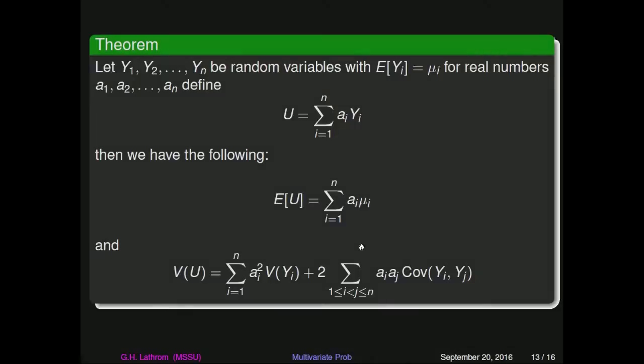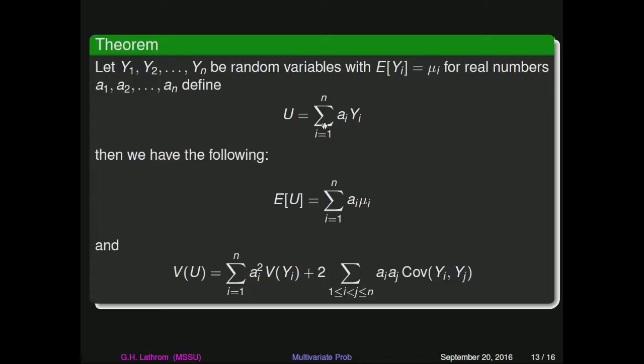So now let's look at a couple of theorems that involve situations where we have multiple random variables. Let y sub 1, y sub 2, up to y sub n be random variables. They don't necessarily have to be independent, they're just random variables, and we happen to know that the expected value of y sub i is mu sub i. Then if we take some real numbers, a sub 1 all the way up to a sub n, we define a new random variable that will be the linear combination of a sub i and y sub i, using the a sub i's as constants.